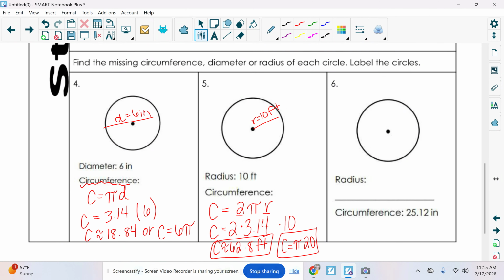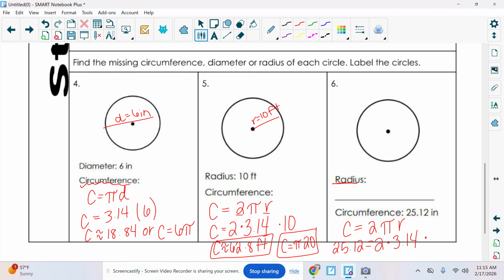Look at number 6. What information are you given? The circumference. What are you looking for? The radius. So which of these formulas are you going to use? From 4 or from 5? You're looking for the radius. So are you going to use the one with the D or with the R? Alright, so I start with my formula. Replace it with the information that you know. So C is 25.12. 2 is 2. Pi is 3.14.